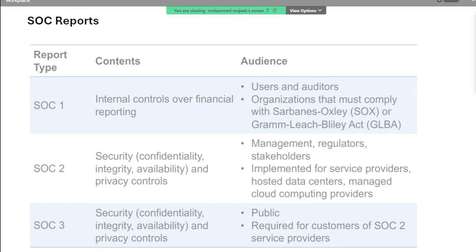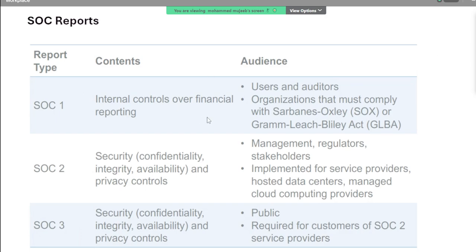Right now we are in a SOC 2 audit, providing them all the artifacts. They come and ask for artifacts and we provide them. It goes for a week or 2 weeks, sometimes a month. It's not a 1 hour thing. It's expensive too. External auditors charge you an arm and a leg, believe me.